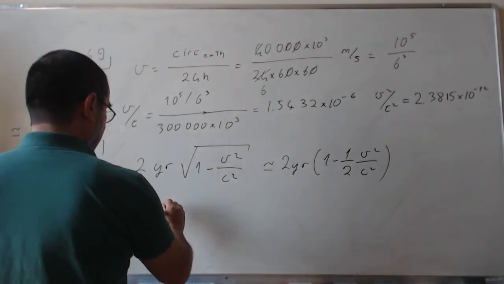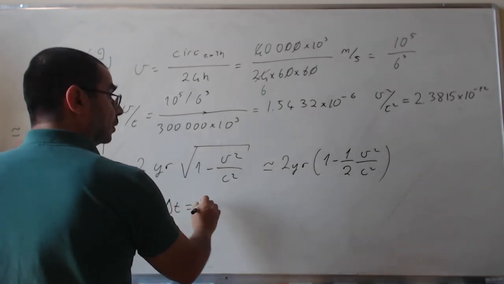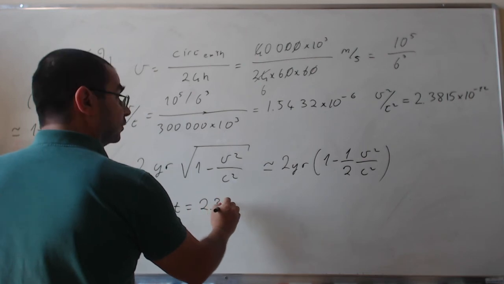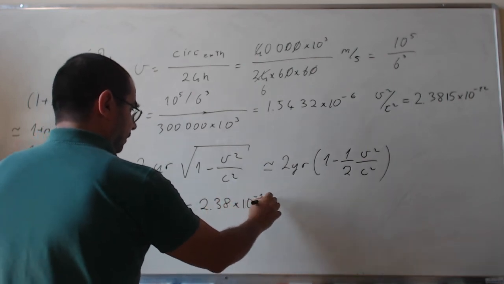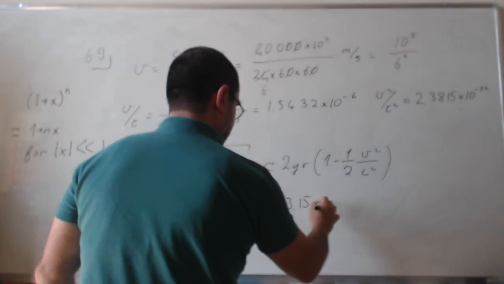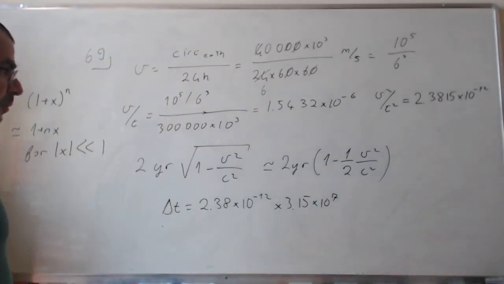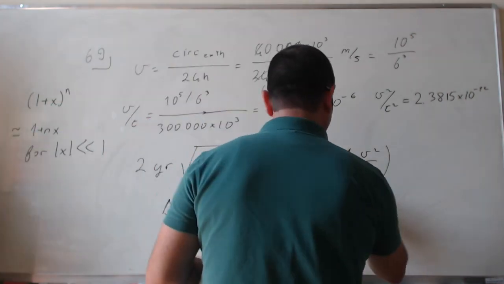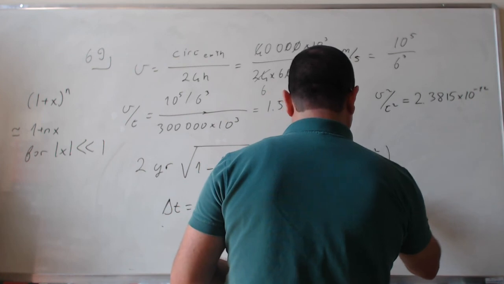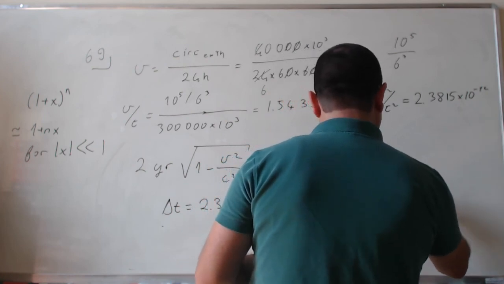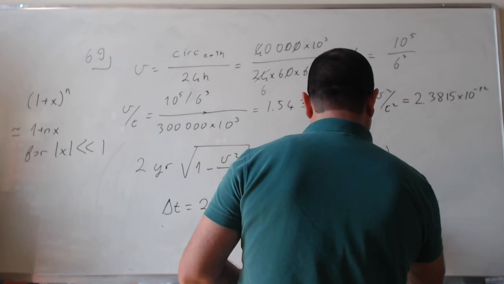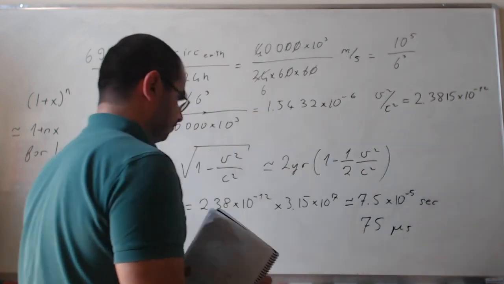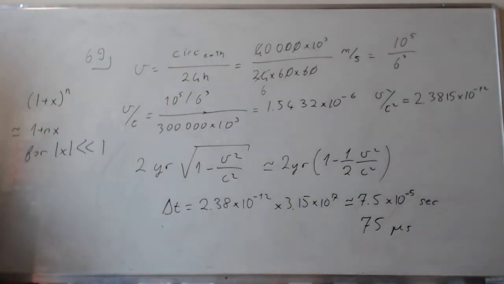So delta t is going to be 2.38 times 10 to minus 12 times 3.15 times 10 to 7, which is the number of seconds in a year. Did I calculate this as well? Yes, I did. It comes to something like 7.5 times 10 to minus 5 seconds, right? Or 75 microseconds. So this is something definitely measurable using atomic clocks or using some averaging over more ordinary clocks.